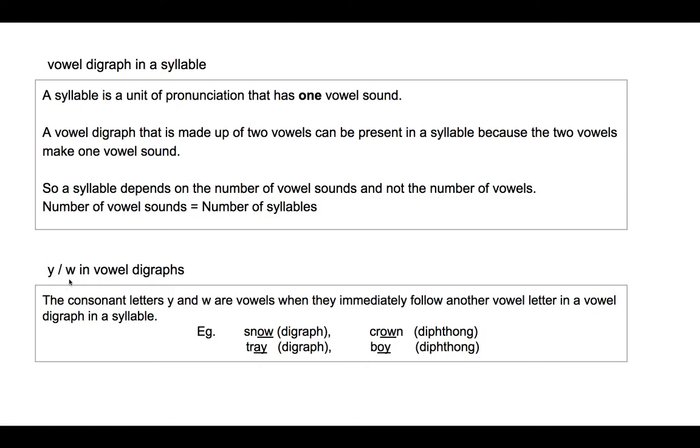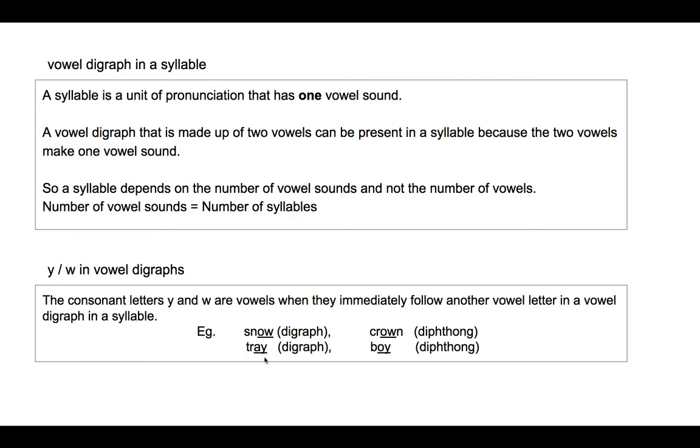Y or W in vowel digraphs. The consonant letters Y and W are vowels when they immediately follow another vowel letter in a vowel digraph in a syllable. For example, snow. Here W follows the vowel O. Tray.